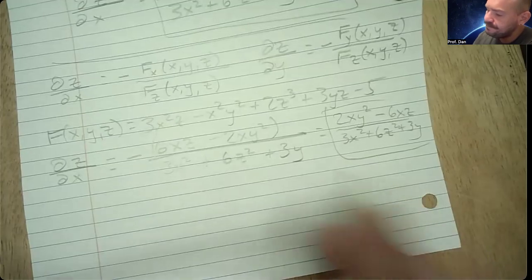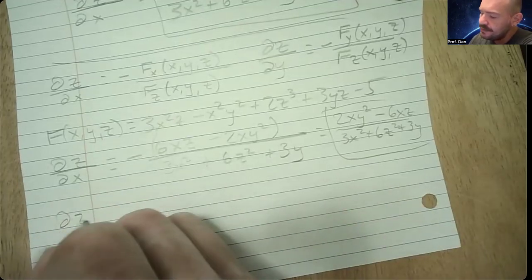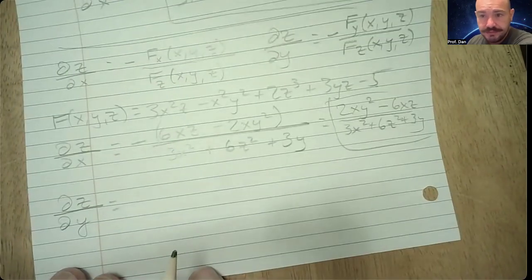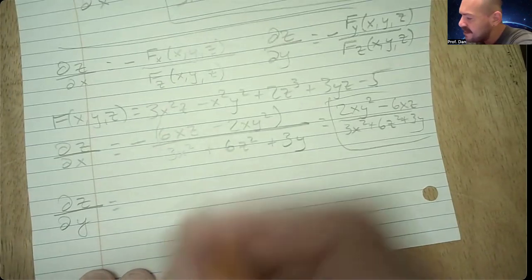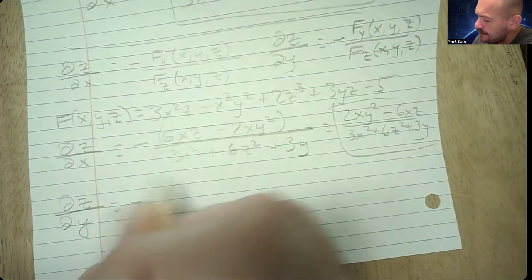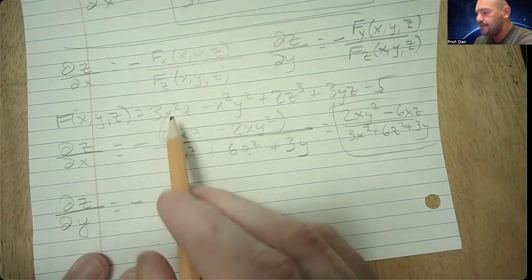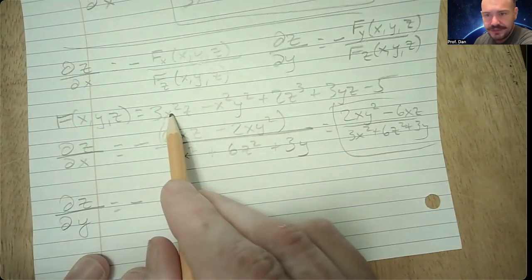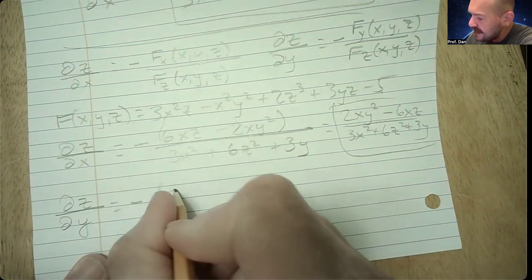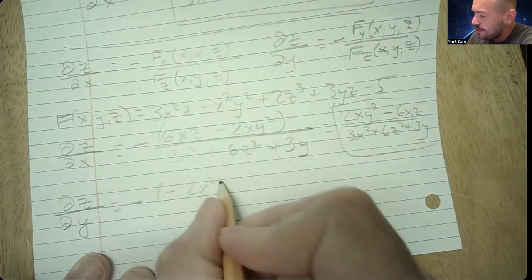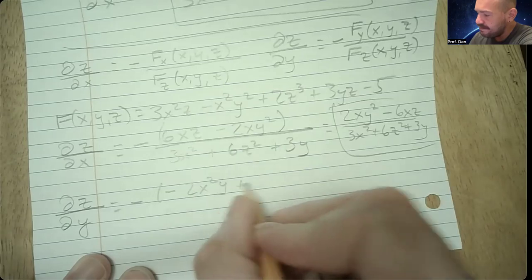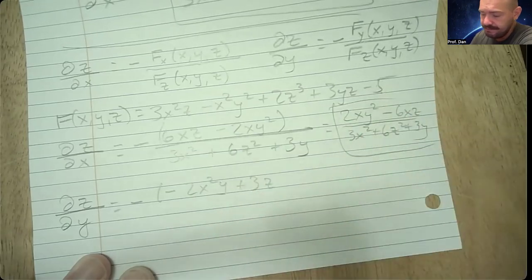Now, for fun, and because the problem asked for it, let's figure out dz dy, partial z with respect to y. Why not? So we would have derivative with respect to y in the numerator. First term would be 0. There's no y in that one. Second term, we'd bring the 2 down. We would have negative 2x squared y. 0, 3z, 0.